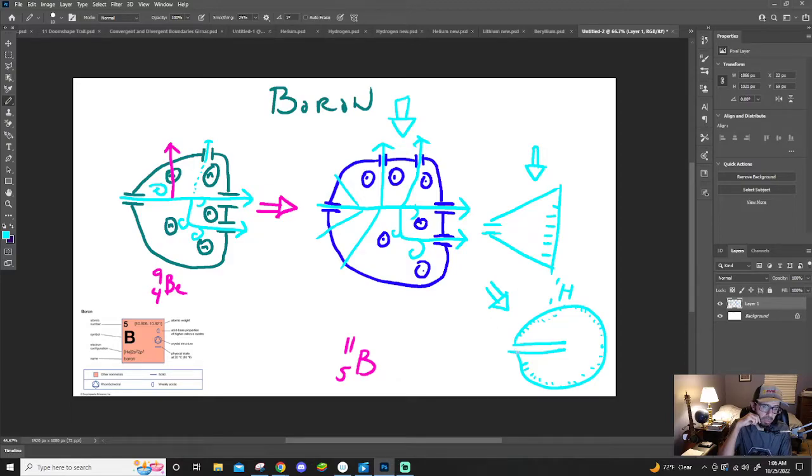Also, this inlet would be like a single tube in a sphere, I guess. It goes literally in like a donut, a torus shape.